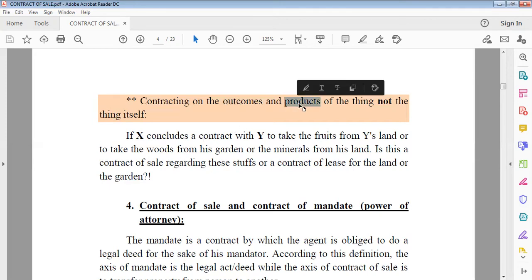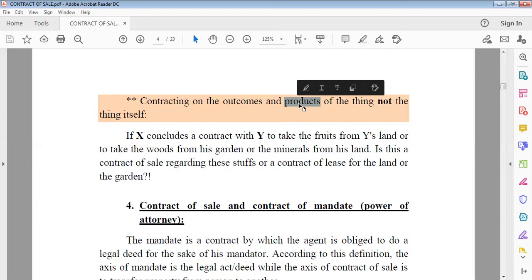However, with a product, like when I have land, and in the depth of this land I have petrol, for example, so I contract with a company which is going to take the petrol from my land.